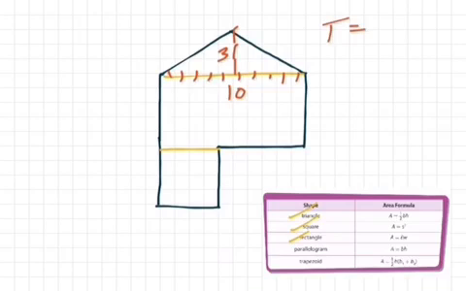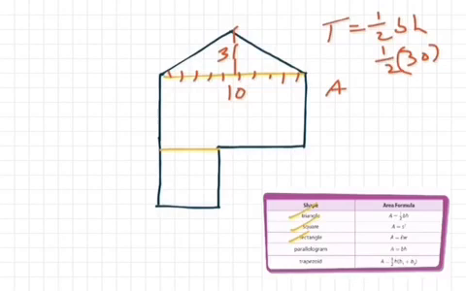So 1/2 base times height. Base times height is 10 times 3, which would get me 30. And then I just want 1/2 of that, which would equal 15. So the area of the triangle is going to give me 15.